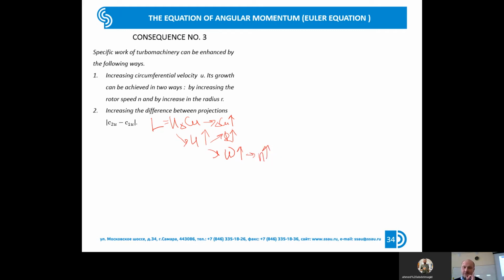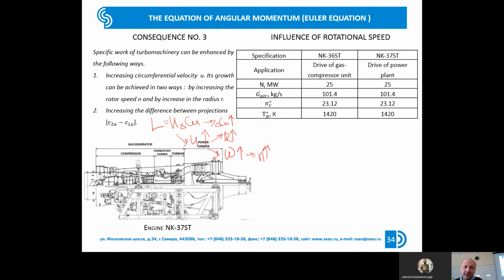So we have one interesting example. It's a local example from the Kuznetsov company: how the rotational speed influences the specific work of the stage and the construction. We have two gas turbine engines, NK36ST and NK37ST.